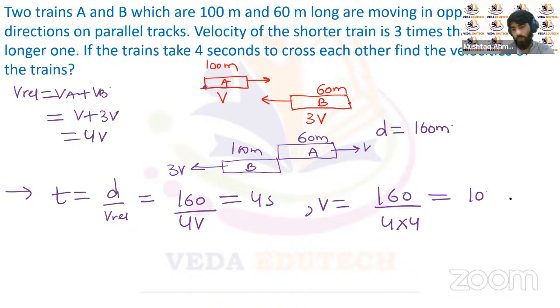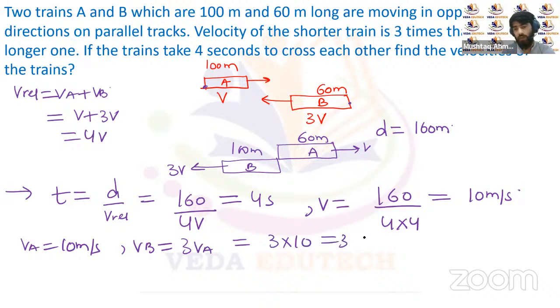So VA is equal to 10 meters per second, and then VB is 3 times VA, that will be equal to 30 meters per second.